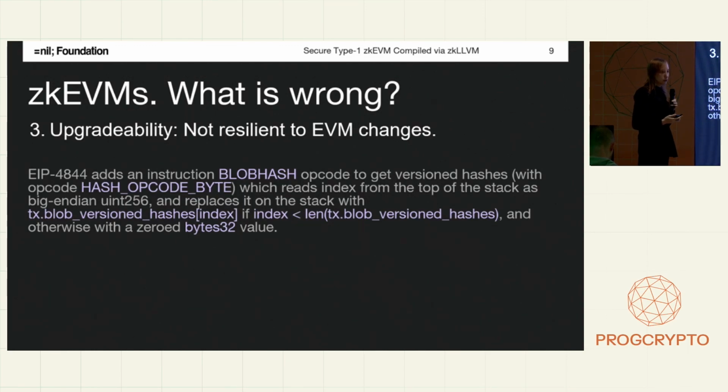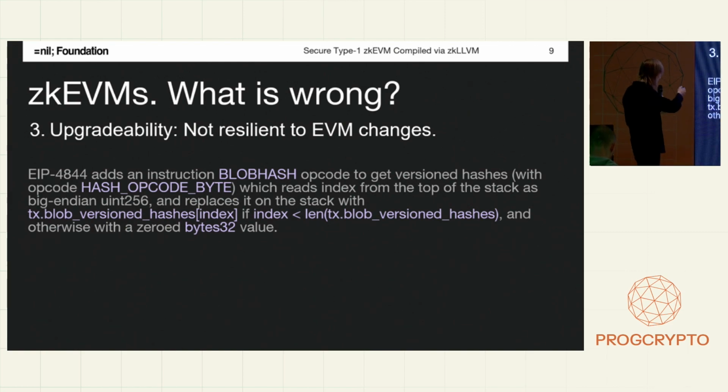The next thing we're facing is upgradability. Let's be honest, every significant EIP gets EVM behavior changed. Sometimes it's a minor change, sometimes it's a major change, like adding a new opcode.